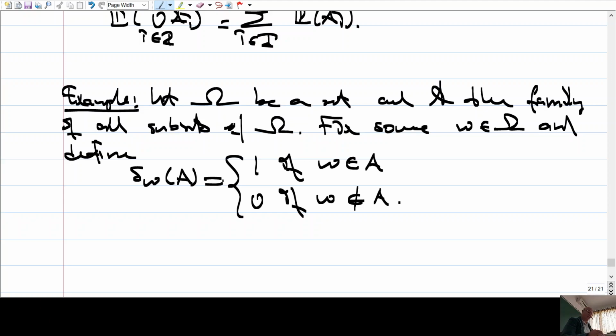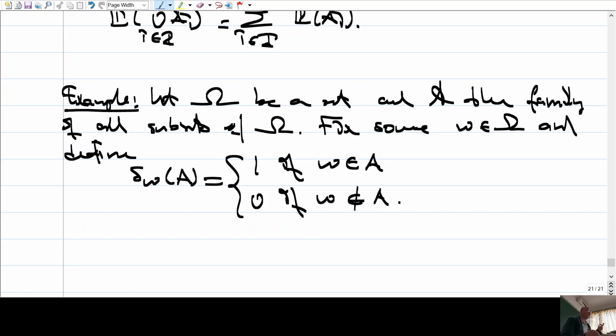Why is that? Well, measure of omega is 1 because omega contains omega. The measure of empty set is 0 because empty set doesn't contain omega. So by definition, the measure of the empty set is 0. And if you have disjoint union of countable sets, then the measure of that will be what?